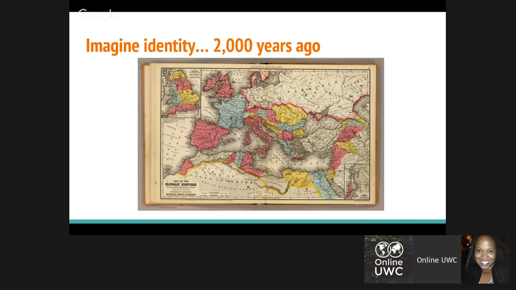So this is a wonderful map. It's wonderful for two reasons. One is that it shows the Roman Empire. So this was the biggest that the Roman Empire ever got. And then I noticed on the map when I was looking at it that Sarmatia, that actually is where today's Poland and Eastern Europe is.